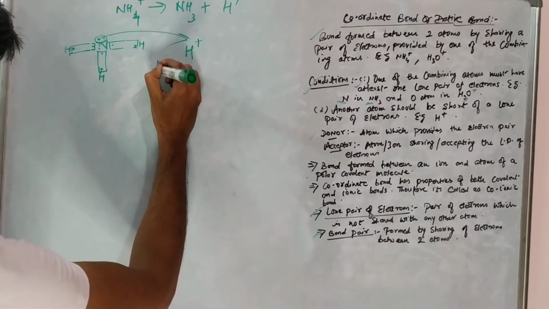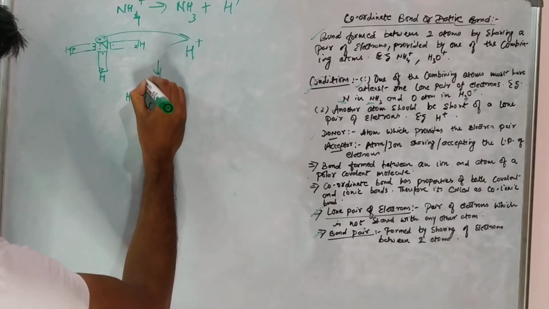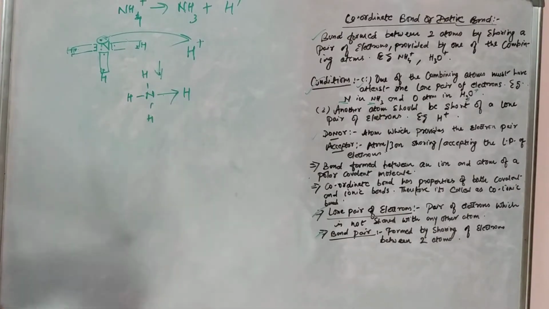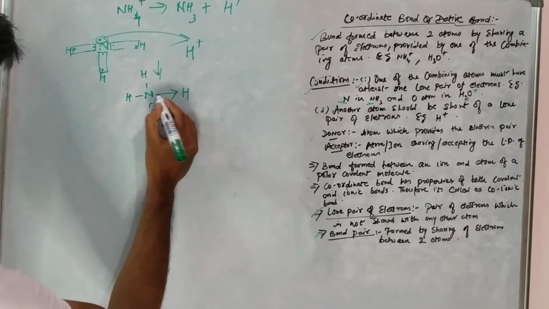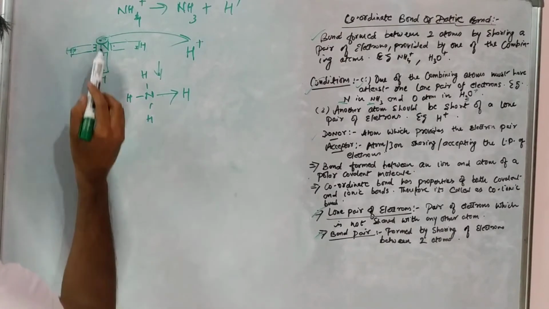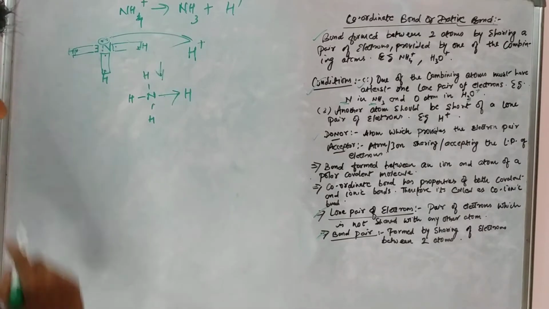So this is how the bond is formed. This is the coordinate bond; this arrow represents a coordinate bond, and this coordinate bond resulted from the transfer of a lone pair of electrons from nitrogen to the hydrogen ion.